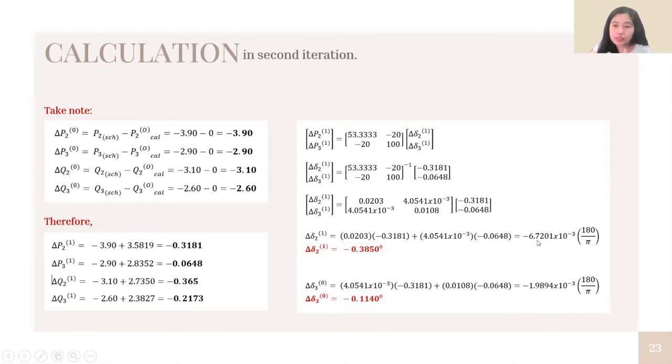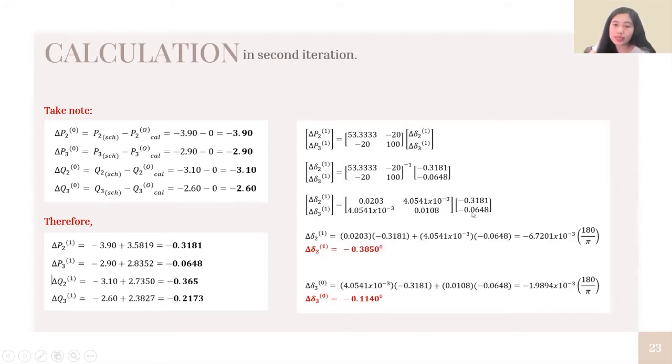The sum of that will be negative 6.7201 times 10 raised to negative 3 multiplied by 180 all over pi because we have to get the degrees of it. So that's negative 0.3850 degrees. As for our S2, same goes. This is multiplied by negative 0.3181.